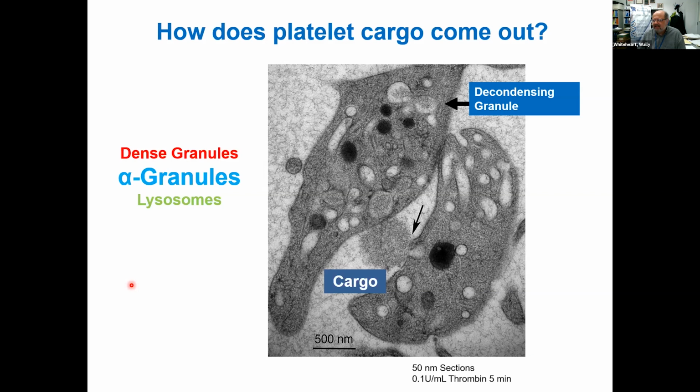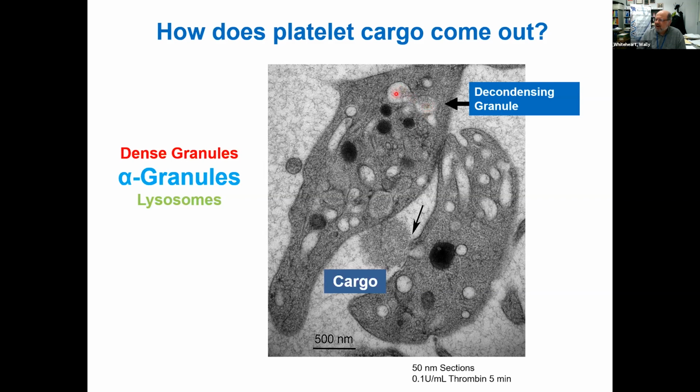I want to focus the first part of my talk on a couple of points about platelet exocytosis. One of them is, you look in this micrograph here, there are a couple of features. You see something down here that looks like a cloud of cargo, a cloud of proteinaceous material. And in this EM, the darker material is protein because it's stained with heavy metals. And you also see a structure up here that looks like a granule, but it's dissolving or decondensing.